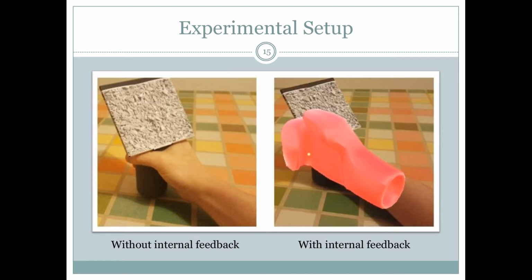Here we can see the difference between not having the feedback and having the feedback. Here you can see this 3D printed handle that was used to register the position of the hand because Google Cardboard is not tracking the hand. So this is a primordial way to register the position of the hand with the Google Cardboard.